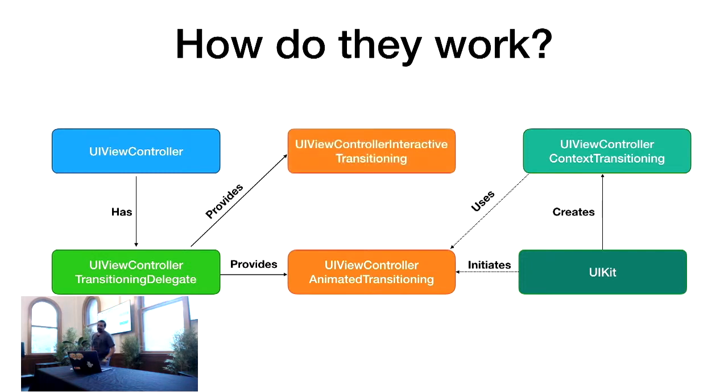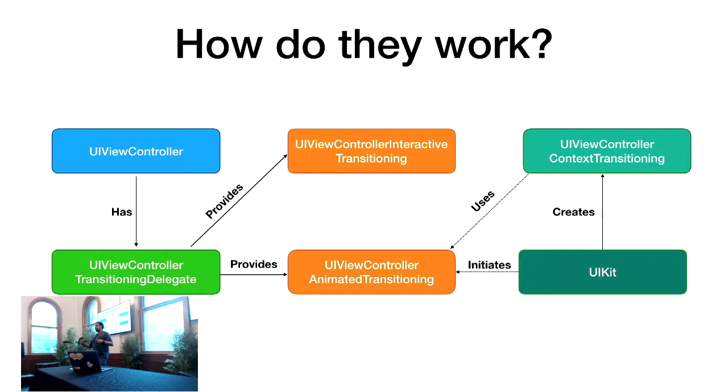If we want to add interactivity to it, we need to adopt this protocol, which is called UIViewControllerInteractiveTransitioning. That allows the connection between the gesture recognizer and the progress of the transition of the presentation itself.